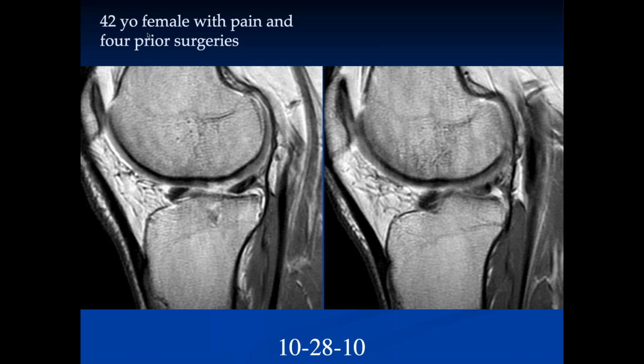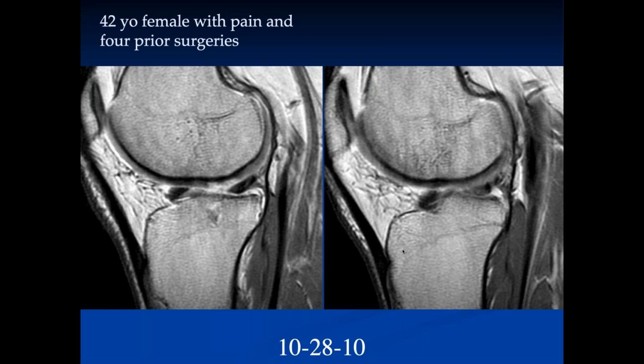She's had 4 prior surgeries. Yeah, there's some mild heterogeneity of the deep infrapatellar subcutaneous fat. Sometimes that can reflect scar tissue, but it's not as much as I would expect if she had 4 prior arthroscopies. Yeah. You're so right.